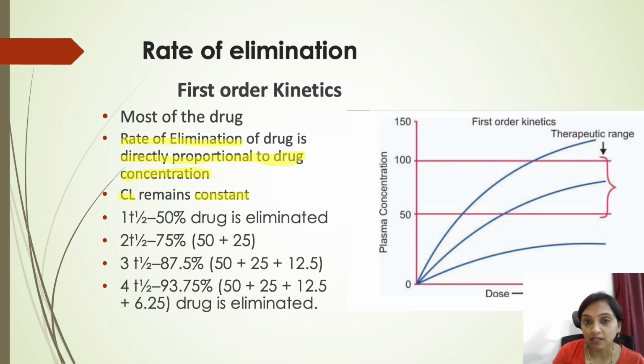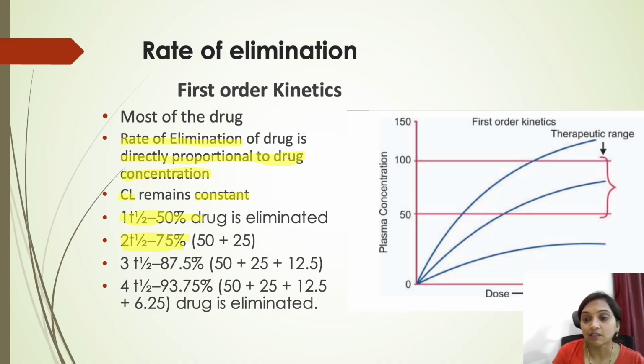So if a drug is following first order kinetics, after 1 t-half, 50% of the drug will get eliminated. Say I am giving 100 mg, after 1 t-half, 50 mg is remaining. After the second t-half, how much will get eliminated? It is 75%. How? In the first t-half, 50 is gone, and in the next t-half, of the 50 remaining, 25 is eliminated.